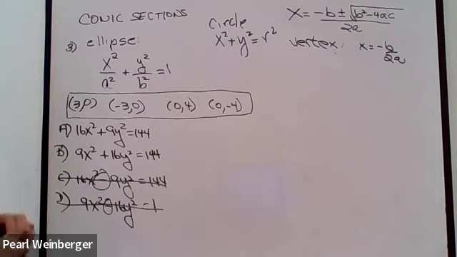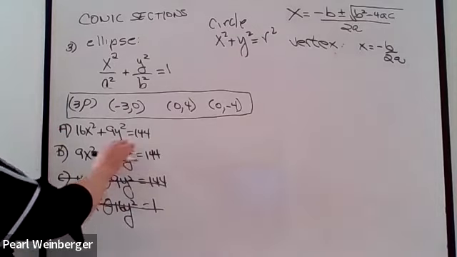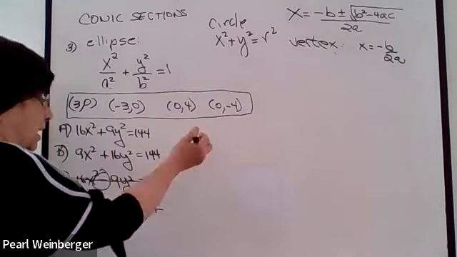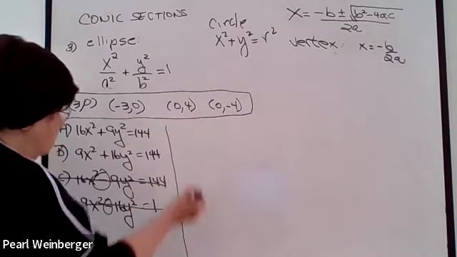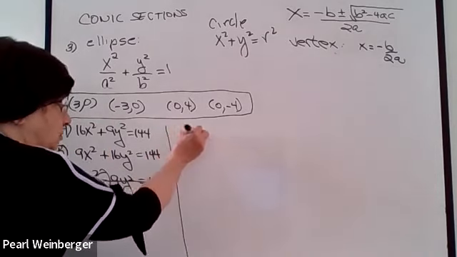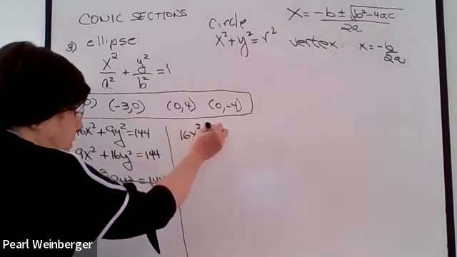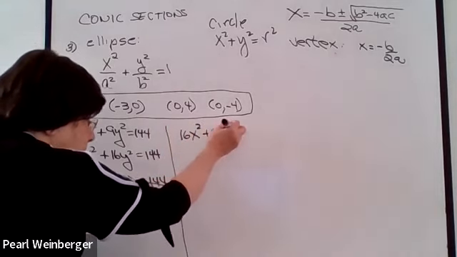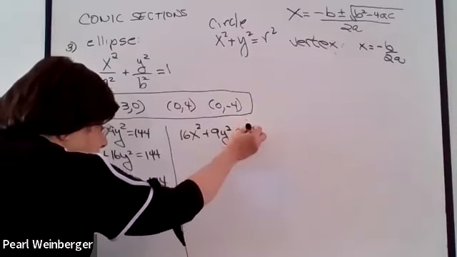So then we have to pick between choice A or choice B. But neither A nor B are in standard format. So let's first start with A. 16x squared plus 9y squared equals 144.